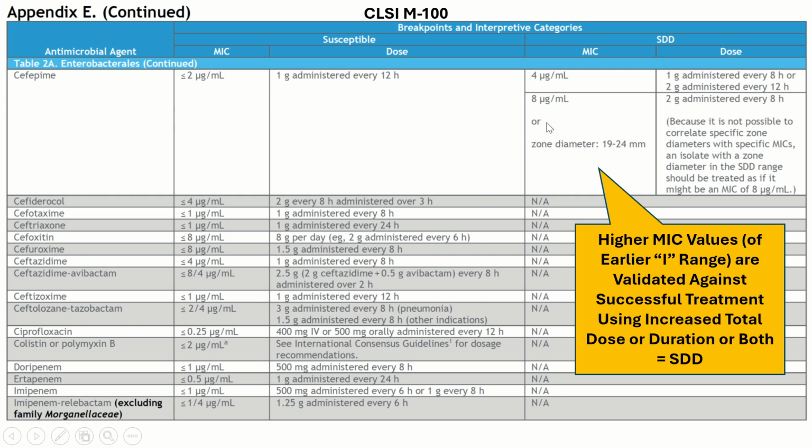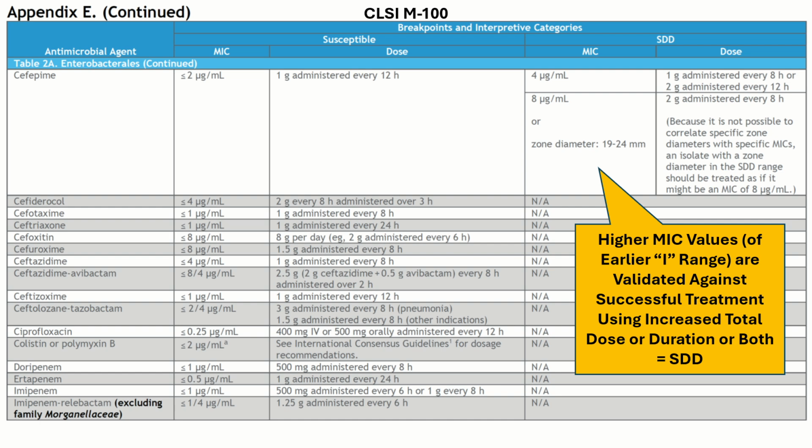So similarly, when it further rises to 8 microgram per ml, in that case, we can give 2 gram administered every 8 hourly. So in this case, we are increasing both the dose and the frequency.